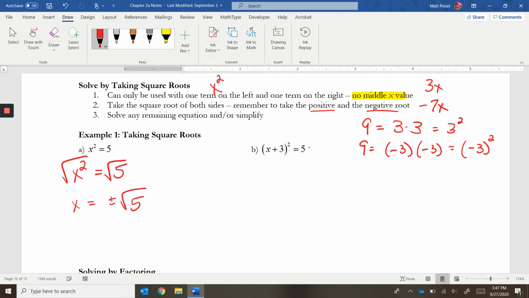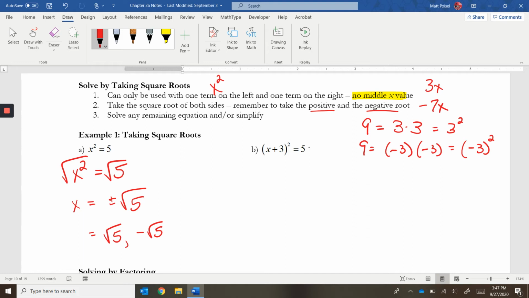So it's just going to be plus or minus the square root of 5. This is probably the best way to write it. Sometimes you will have to write it as 2 separate answers. So for example, we could have square root of 5 and then negative square root of 5. Please make sure that the positives and the negatives stay on the outside of the radical. We don't want to give ourselves imaginary numbers.